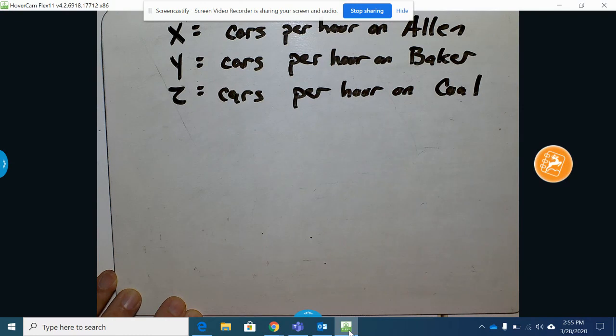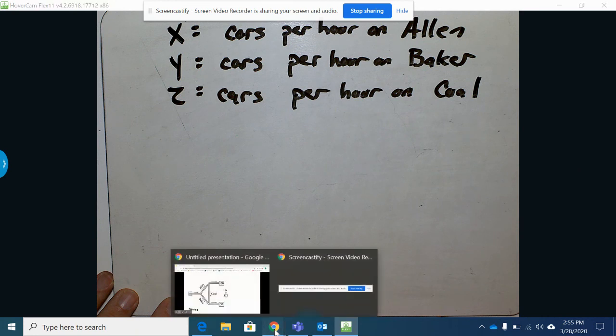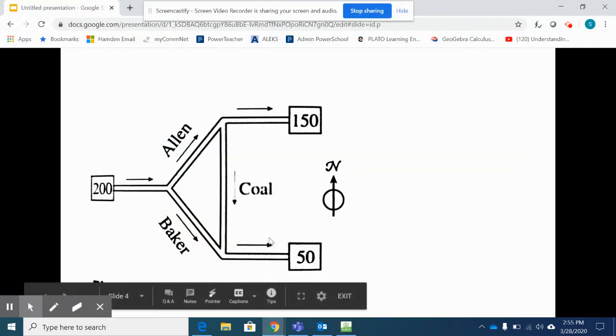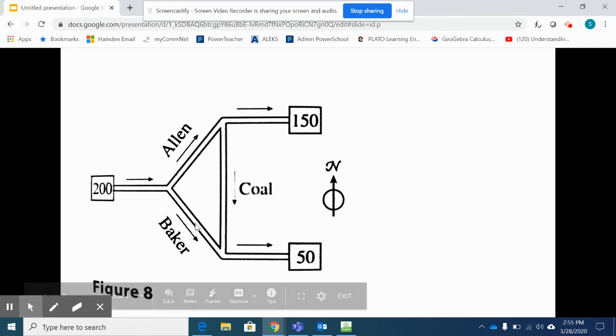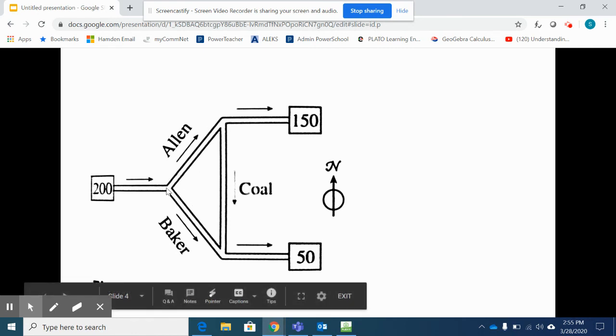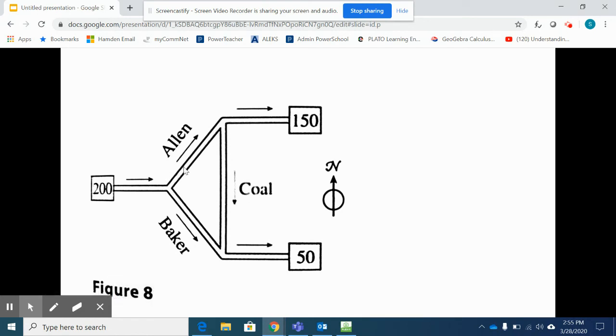Okay. So now we have to go in and look at each intersection that we have. If we go back to our diagram, what we can realize here is that this first intersection tells us that if we add up the total of cars on Allen and Baker, it would equal 200.